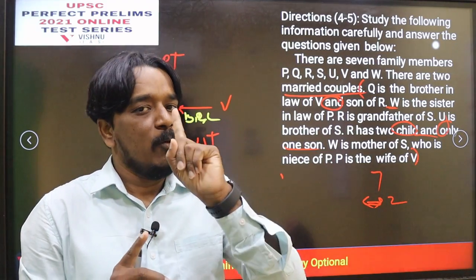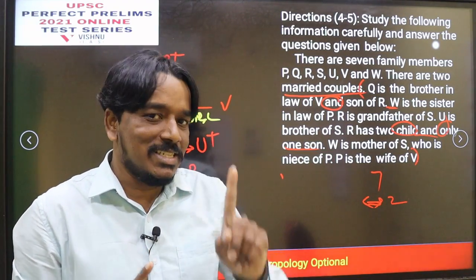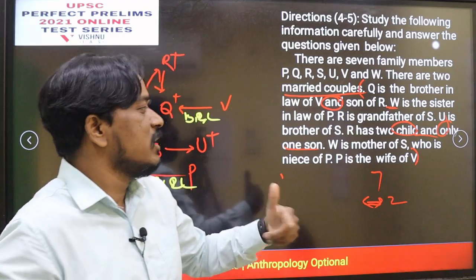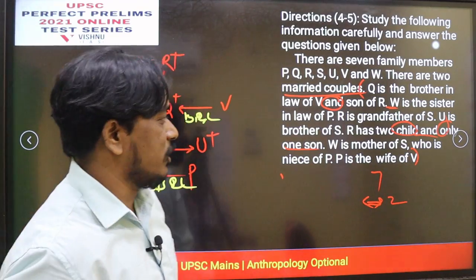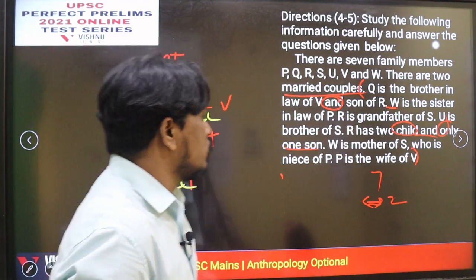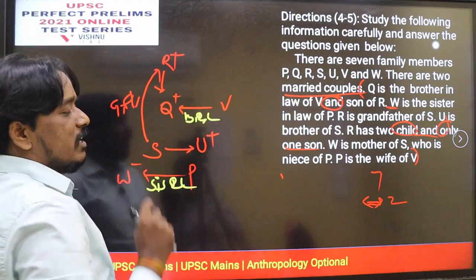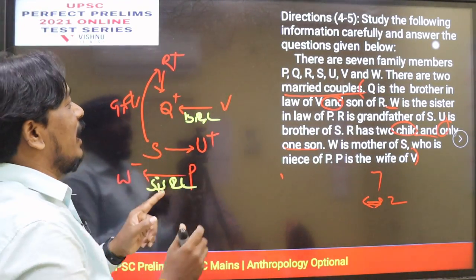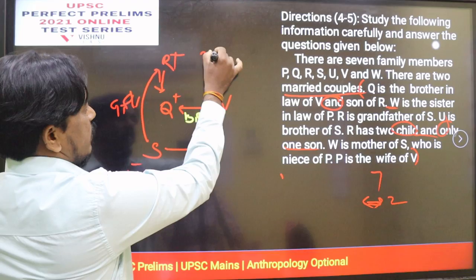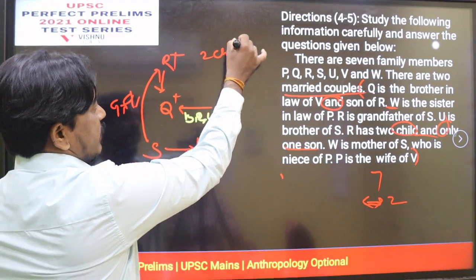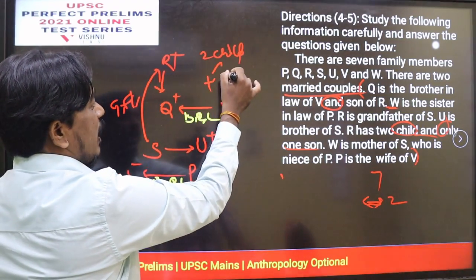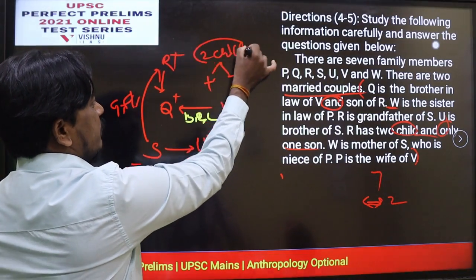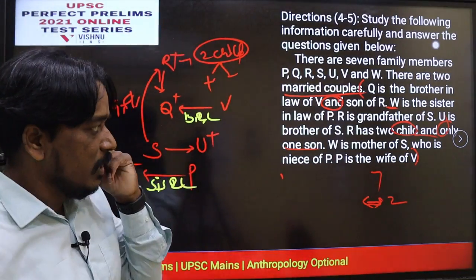Out of the 2 children, only 1 child is a son, means the other is obviously a daughter. Clear? See, we are talking about R. R has 2 children, 1 is a male and 1 is a female. That point we have to remember. We are talking about R.